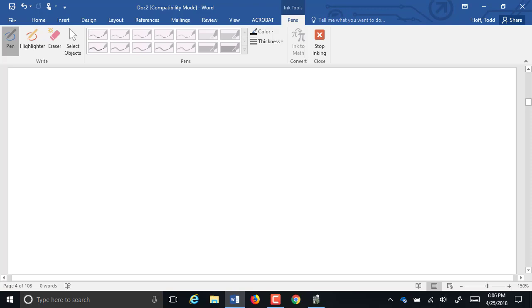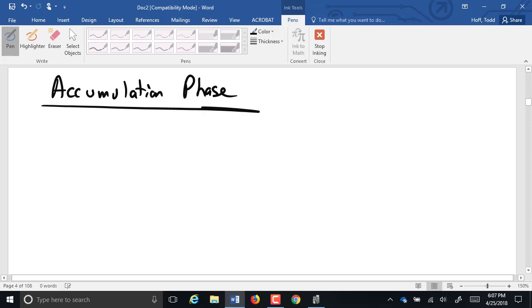Okay, so let's take a look at this. Tonight, basically what we're going to be looking at is the accumulation phase. There are a lot of things we can do with the accumulation phase.